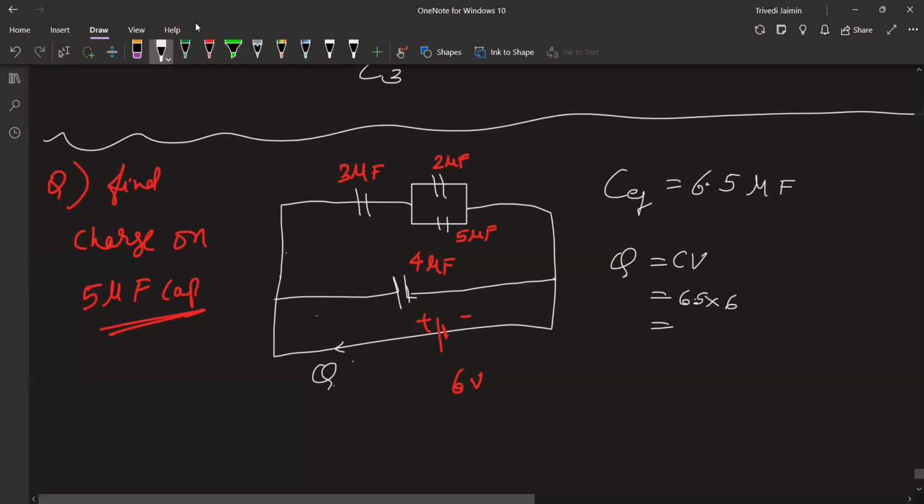Sir, it is 6.1, sir, equivalent. Oh, 6.1. Sir, I got the answer. Okay, so what is Q here? Sir, total Q, sir, 36.6. 36.6 microcoulomb.